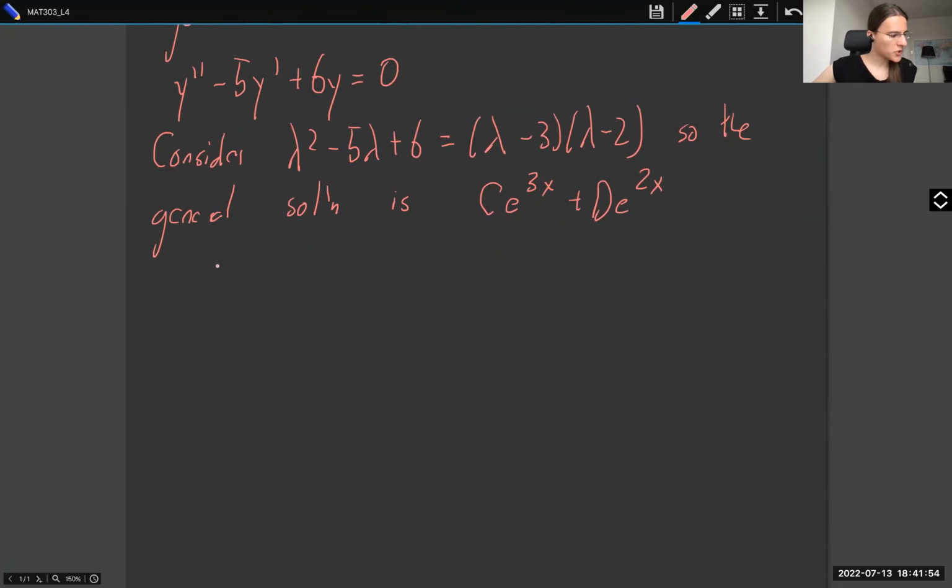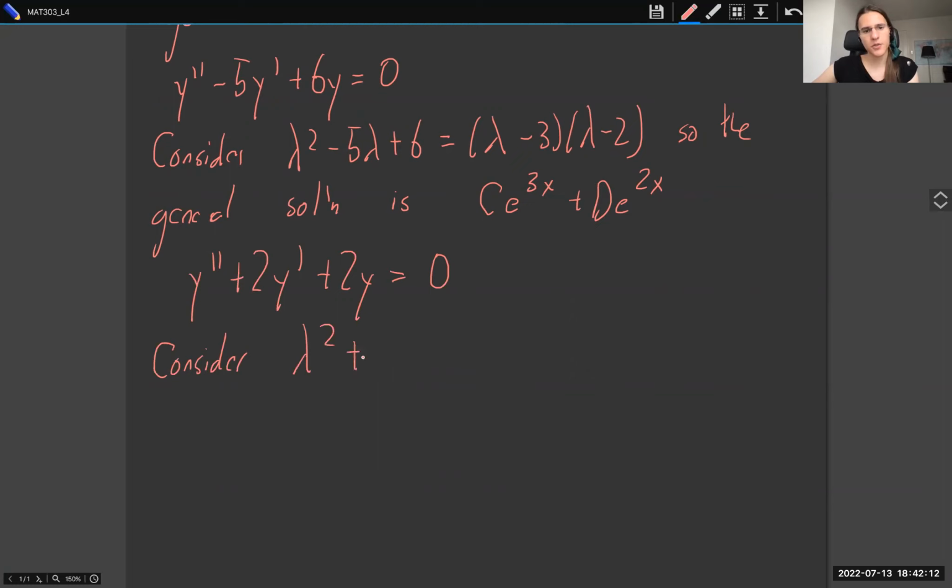Okay, now what about y'' plus 2y' plus 2y is equal to 0. So we consider lambda squared plus 2 lambda plus 2, equals to 0, because in general, when I have these complex cases, I actually like to use the quadratic formula.